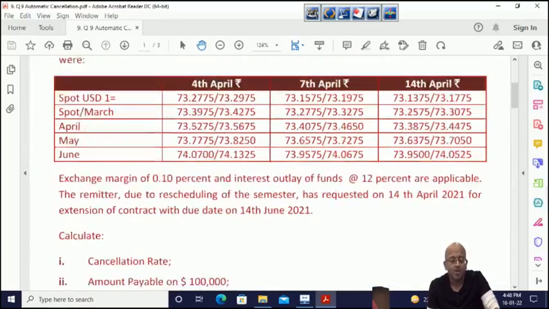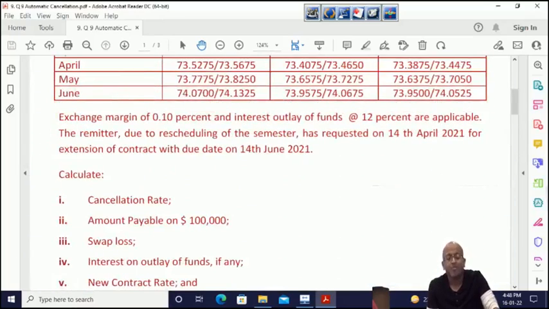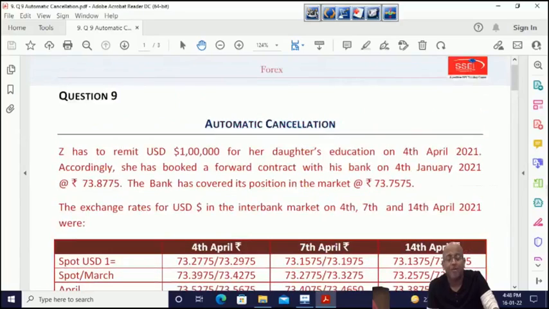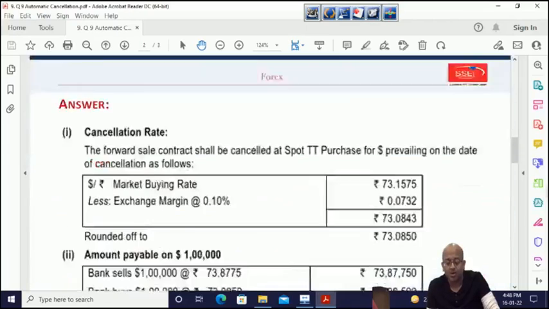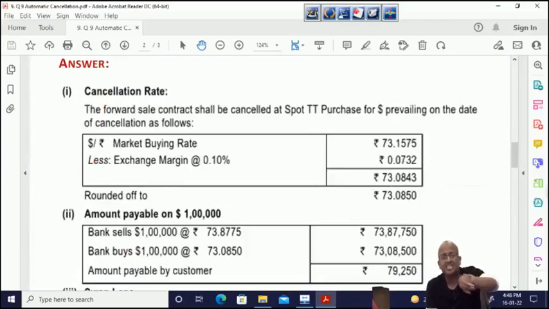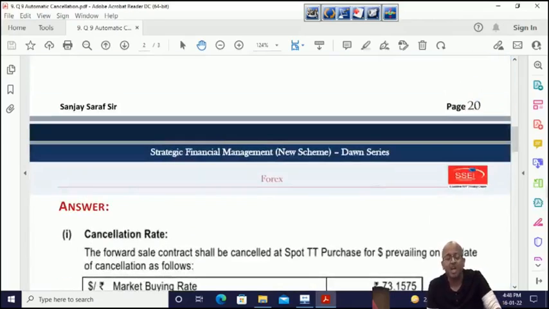Okay, second question: amount payable on 1 lakh. Z had contracted to buy at 73.8775 and Z is selling at 73.0850. So he bought at a higher rate and is selling at a lower rate, so he's suffering a loss.